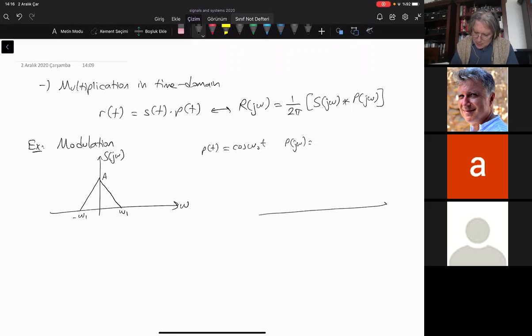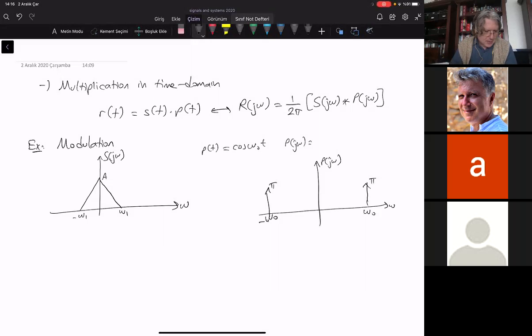Meanwhile, I'm just trying to draw these things. Let's say omega 0 is here, and minus omega 0 is here. So this is P of j omega I'm drawing. These two impulses, what are their magnitudes? They are equal to the Fourier series coefficient times 2 pi. So 1 over 2 times 2 pi is pi, and therefore these two impulses have magnitudes of pi.